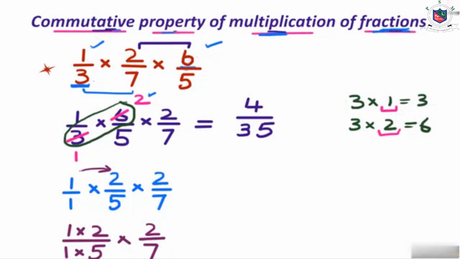Yes, 4 upon 35. So it means that the commutative property of multiplication of fractions can be applied on fractions as well as whole numbers.